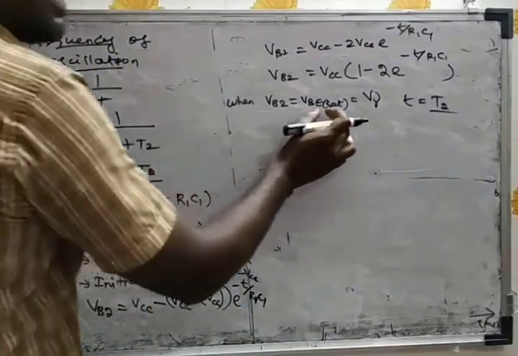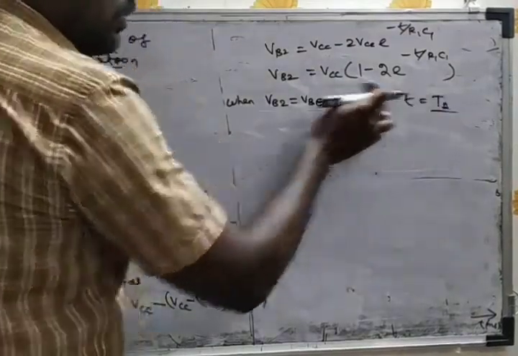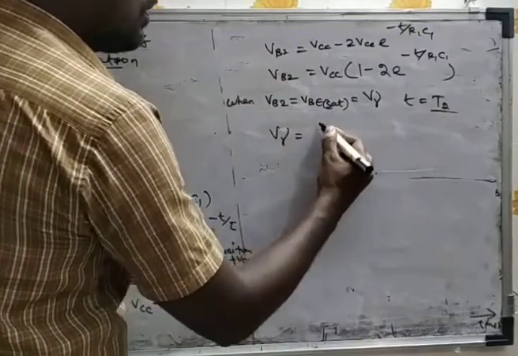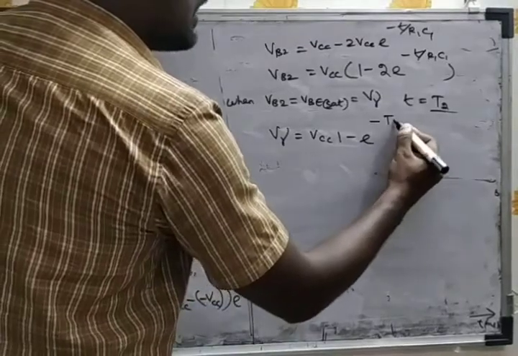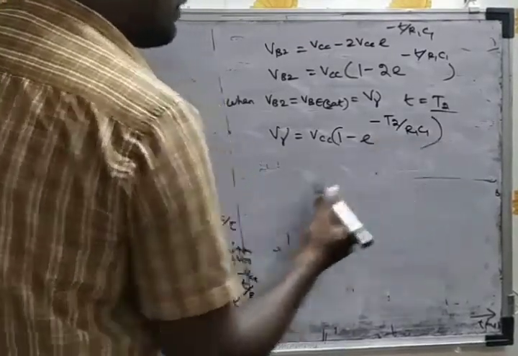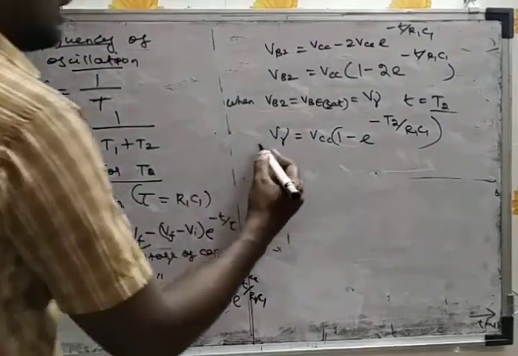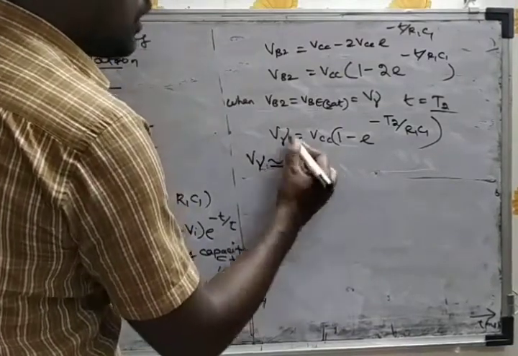So at VB saturation, you will get T is equal to T2. So we can modify this equation. V comma is equal to VCC into 1 minus e power minus T2 by R1 C1. V comma is 0.2 volt, approximately it will be 0 volt.